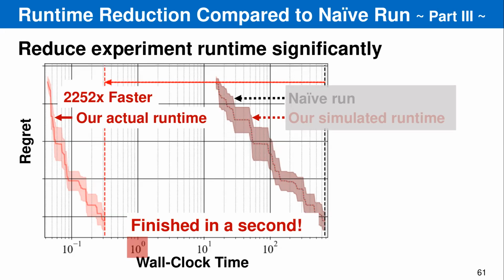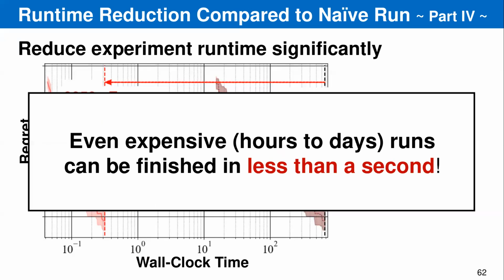Furthermore, the left part shows that our wrapper significantly reduces the runtime and finishes the optimization in a second while maintaining the simulation result. The example uses a function that costs at most 10 seconds, but if the function cost is more expensive, the time-saving effect becomes more significant.